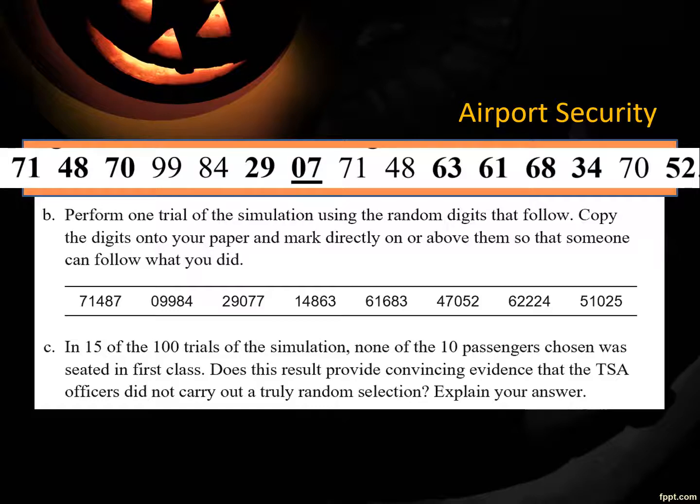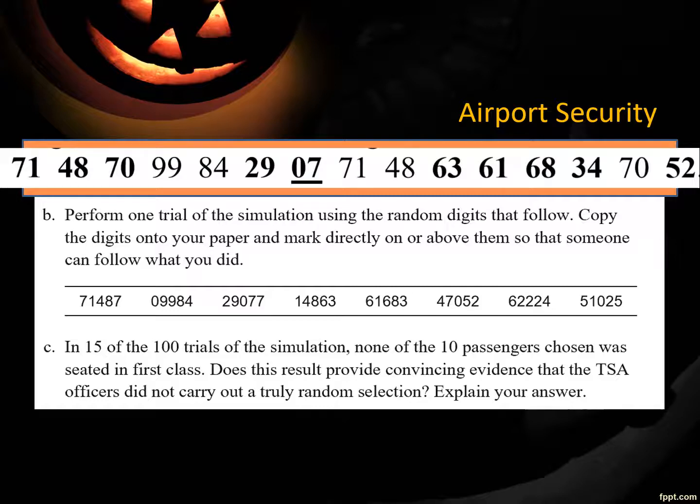Okay, so let's go on to C. In 15 of the 100 trials of the simulation, none of the 10 passengers was seated in first class. Does this result provide convincing evidence that TSA did not carry out a truly random selection? Explain your answer. Well, 15 out of 100 is only 15%. But 15% is larger than 5%.